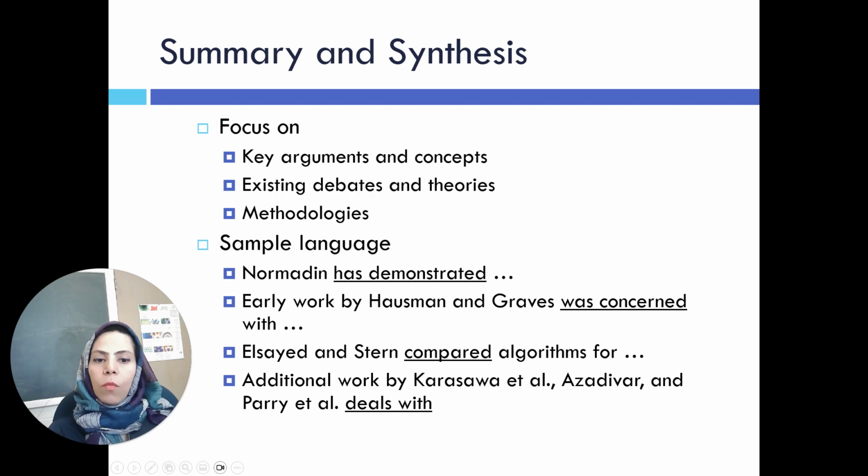Not always, but in most of the cases you start with the study name, and then you write the narrative कि उस study ने क्या किया, या फिर something like that कि early work by certain authors were concerned about this, or something like that कि these authors they compare this algorithm for its accuracy for something and something, whatever that study was. Or you can start by additional work by these authors deal with the phenomena at hand that you're researching.